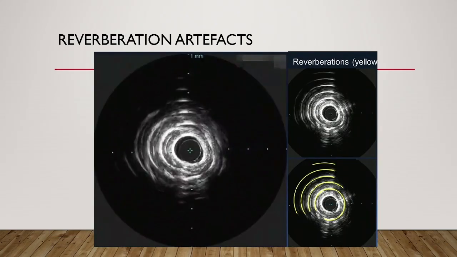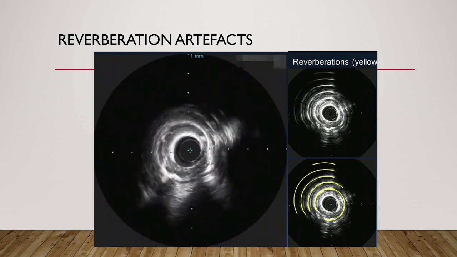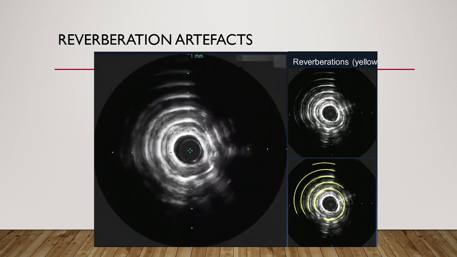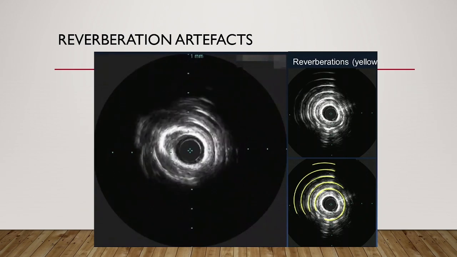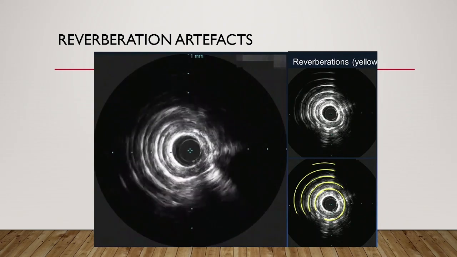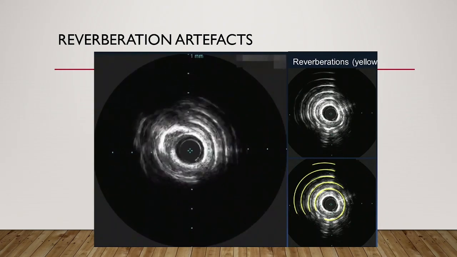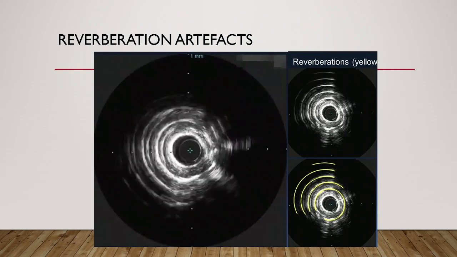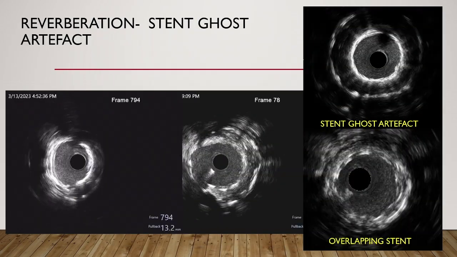And reverberation artifacts: if you do calcium modification, sometimes the ultrasound beam reflects like a mirror to and fro, and you can get this kind of reverberation artifact. Many times if you get a post rota reverberation artifact, it usually suggests you have polished the calcium, and you are more able to break this calcium.